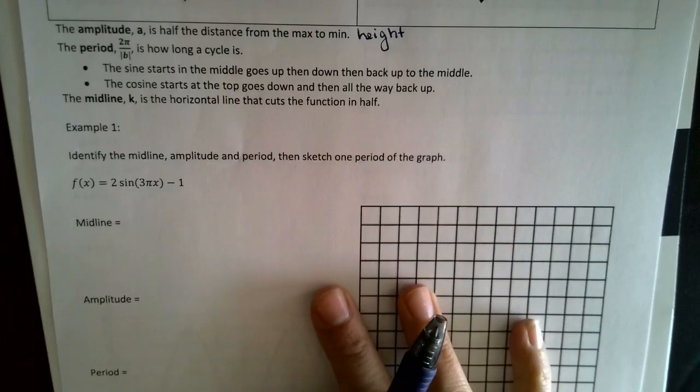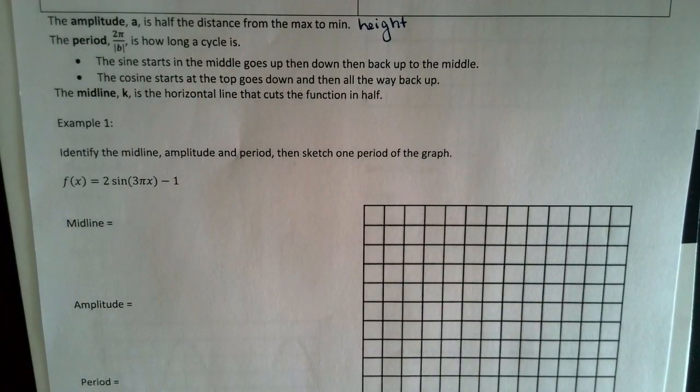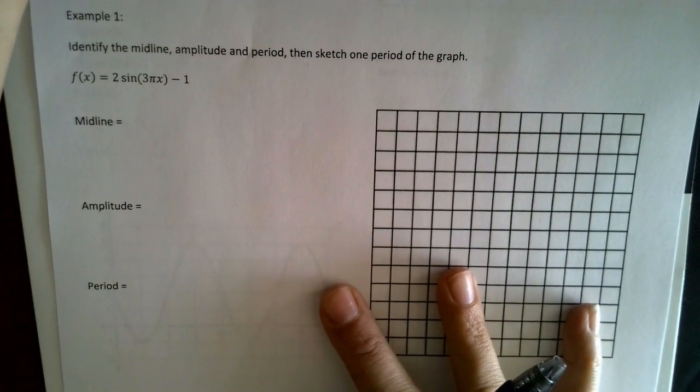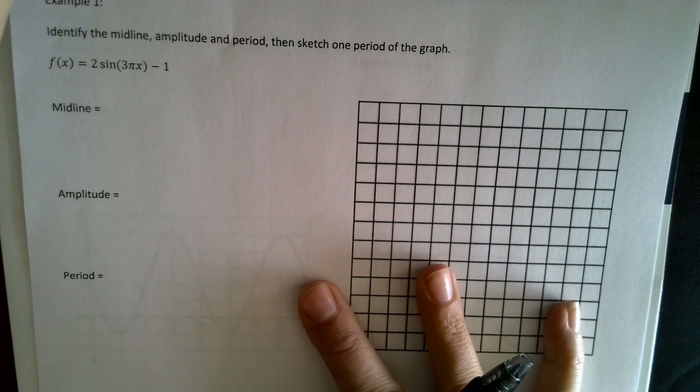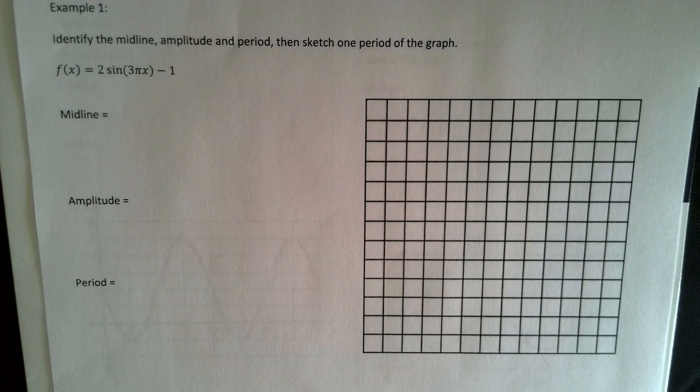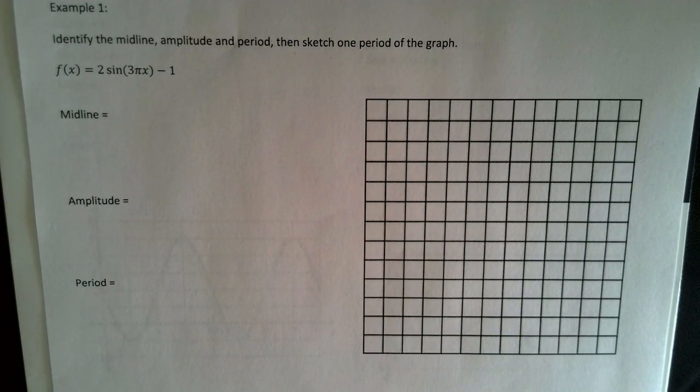In example 1, I want you to fill out that midline, amplitude, and we're going to describe where the graph starts, but we're going to wait till graphing till after.